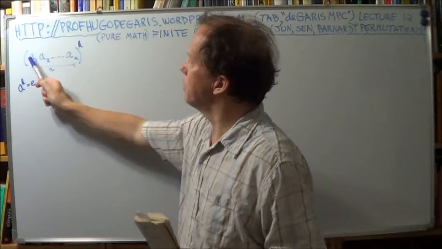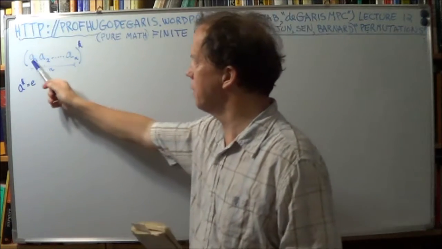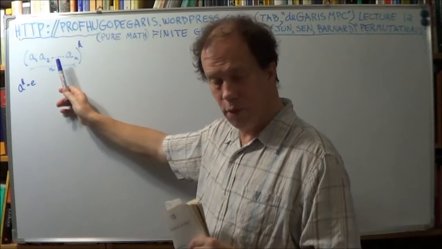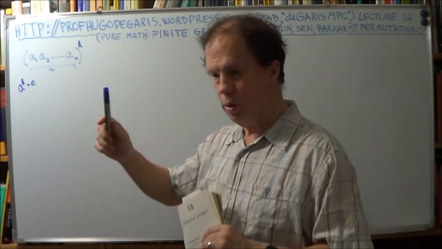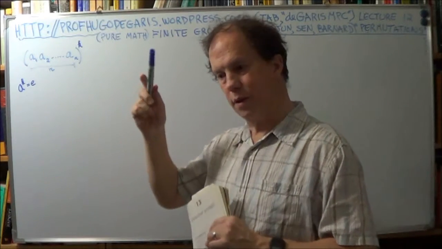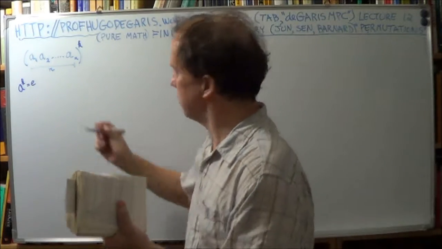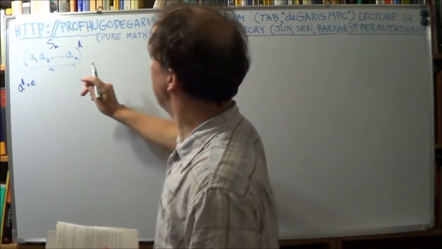How many times do we have to apply this permutation? Because it's this cycle, it's a permutation, right? It's a special kind of permutation. And therefore, as a permutation, it's a member of a group. And which group? Well, this one, of course. S of n, right?